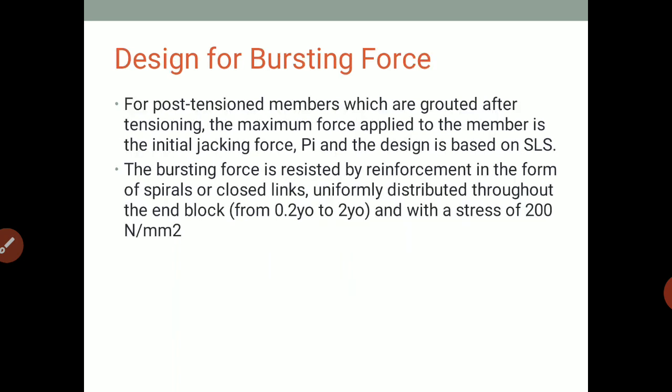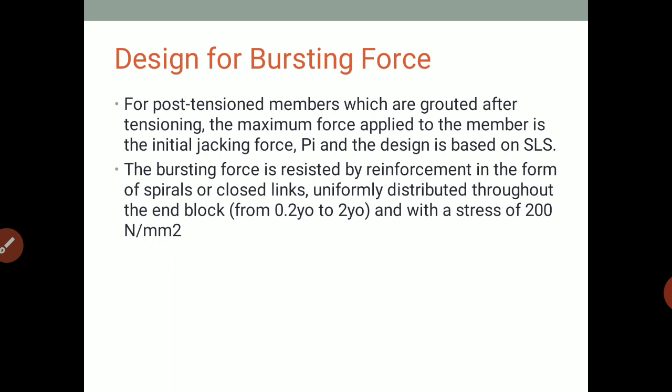Now we have to design our end block for bursting force. I think you have got an idea about what the transmission length is, what the bursting force is, and what the pre-stressing force is.